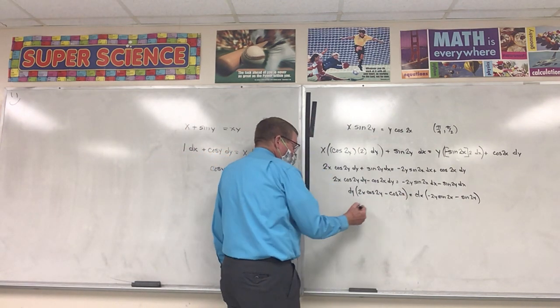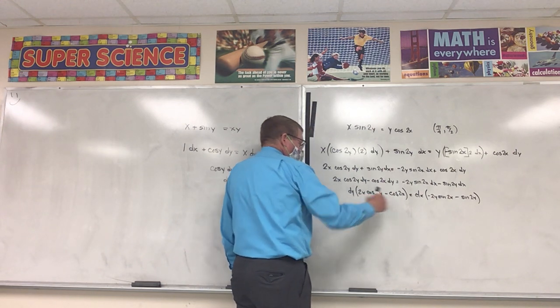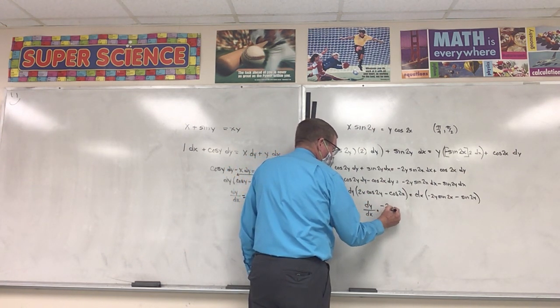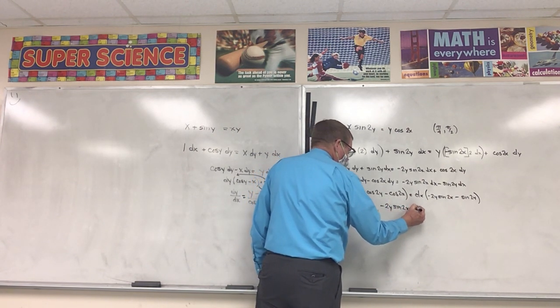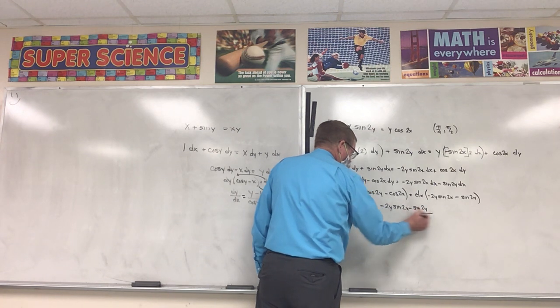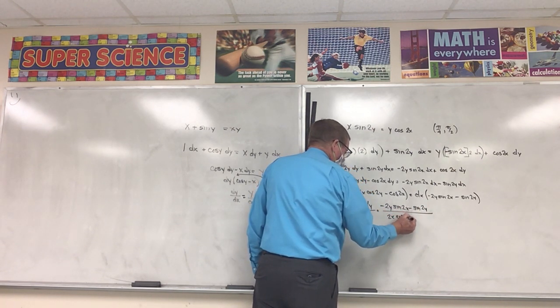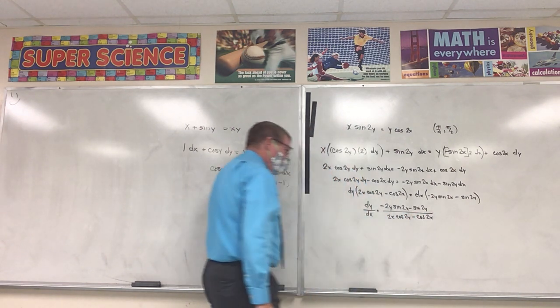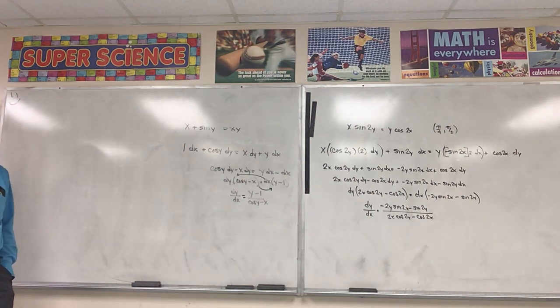Take dx over here by dividing. Take this over there by dividing. So it's negative 2y sine 2x minus sine 2y all over 2x cosine 2y minus cosine 2x. So there's my derivative.